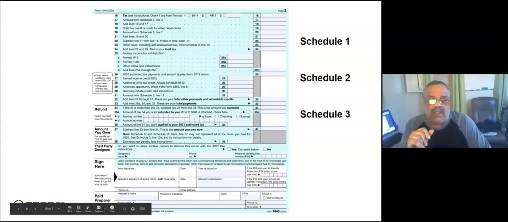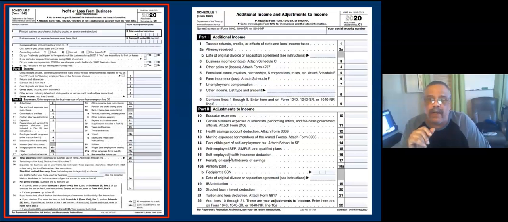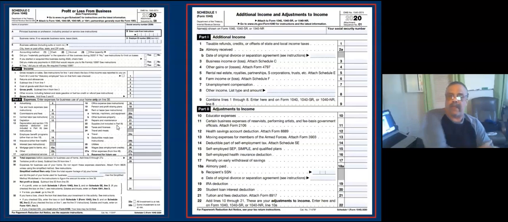But we're going to work with the Schedule 1 because it's something you're going to have to know. You got your Schedule C on the left-hand side, and you got your Schedule 1 where you show the additional income that you received and adjustments to your income. So let's take a look at this together.